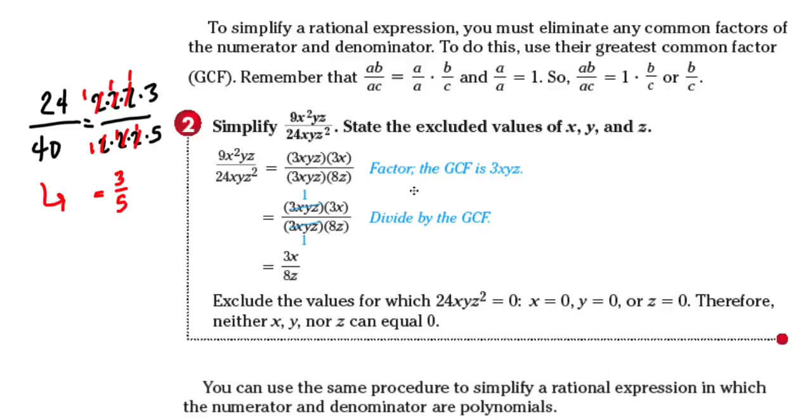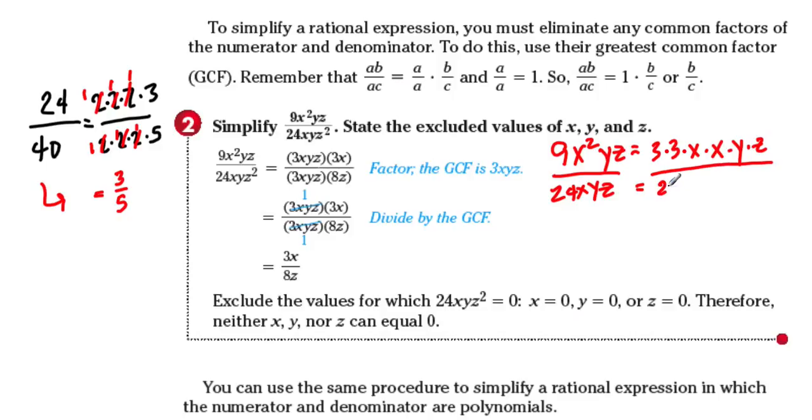If you want to get the common factors, let me expand this so it will be more clear to you. 9x squared yz is the same as 3 times 3 times x times x times y times z. And in the same manner, 24xyz squared is the same as 2 times 2 times 2 times 3 times x times y times z times z.